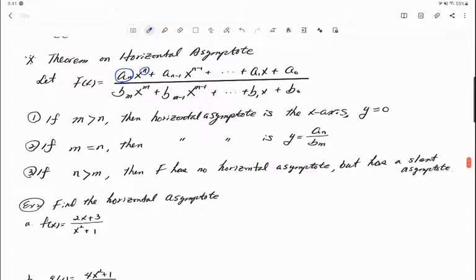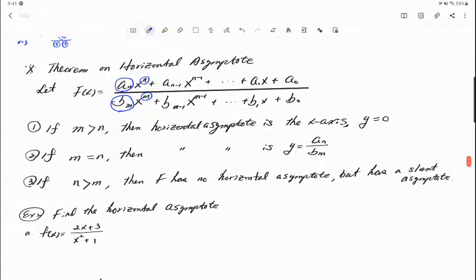And the denominator is also a polynomial whose degree, the degree meaning the largest exponent in the denominator, and the leading coefficient is b sub m. The horizontal asymptote always comes from comparing the exponents, the degree of the numerator and the degree of the denominator.